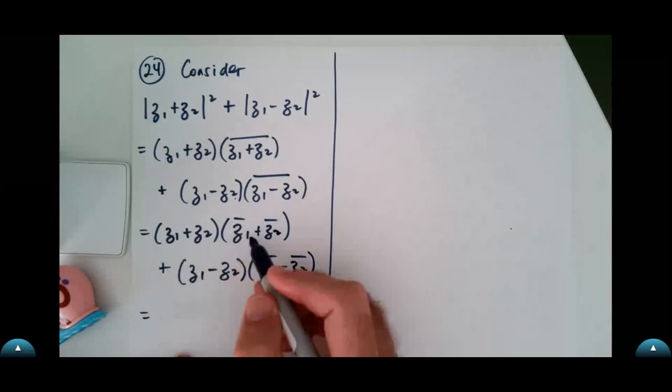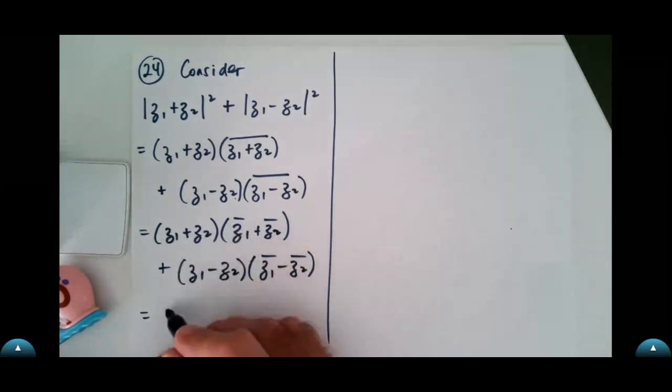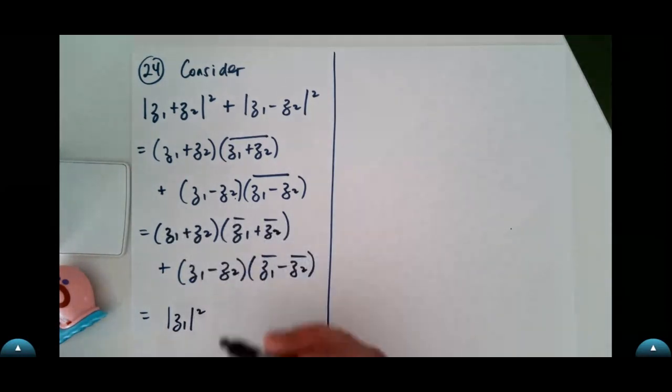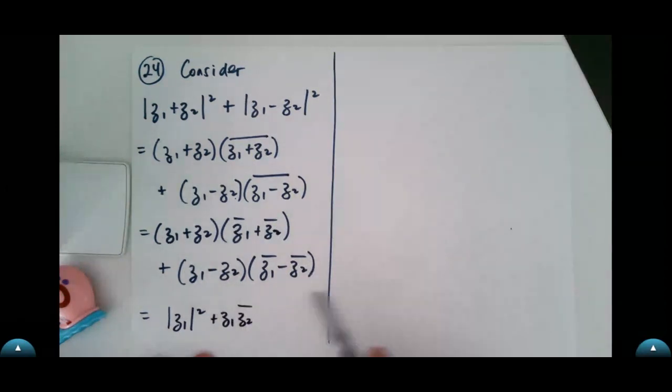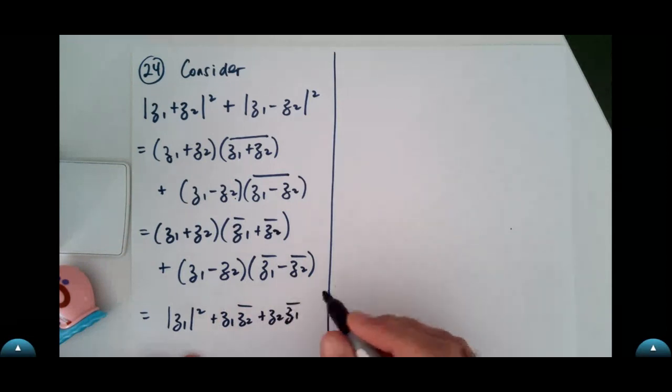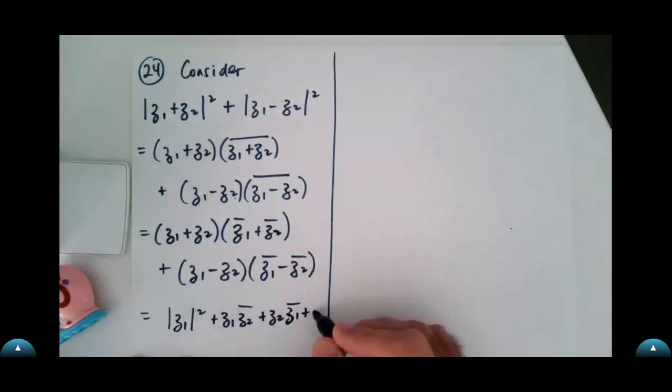Okay. So we're going to get Z1 times Z1 bar. Well, that's going to be Z1 squared. Z1 times Z2 bar is going to be that. Z2 times Z1 bar, and that's going to be Z2 all squared.